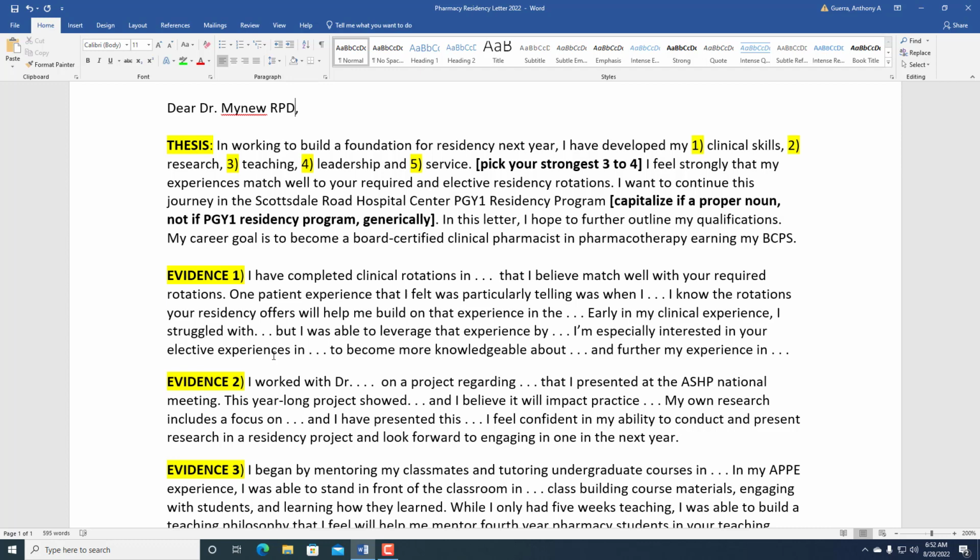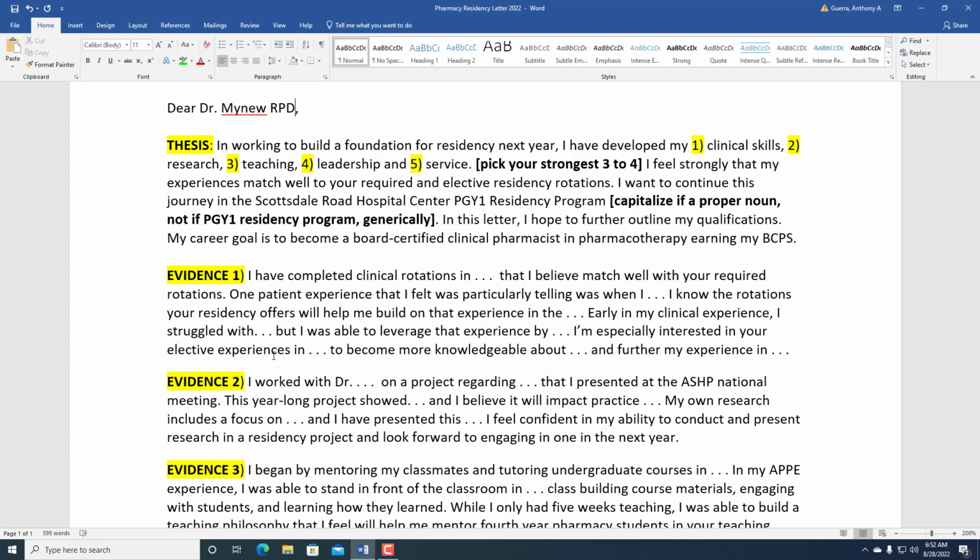In this letter, I hope to further outline my qualifications. My career goal is to become a board-certified clinical pharmacist in pharmacotherapy, earning my BCPS. You don't have to actually put the clinical pharmacist in pharmacotherapy. You can just put, my goal is to become board-certified as a BCPS, because that is a board-certified pharmacotherapy specialist, or BCACP if it's ambulatory care, or whatever it is.